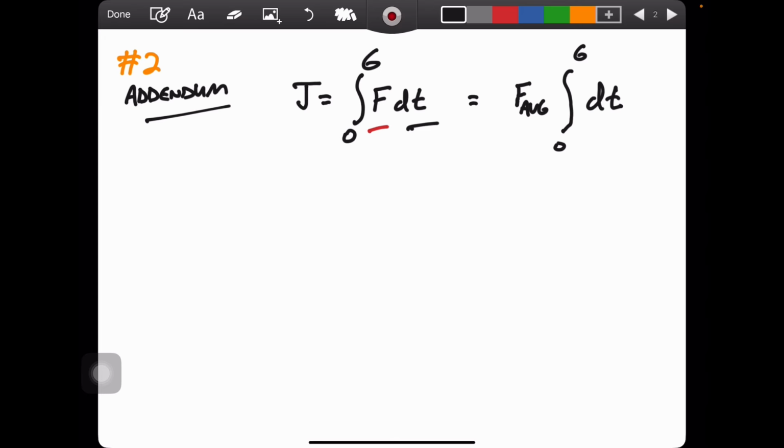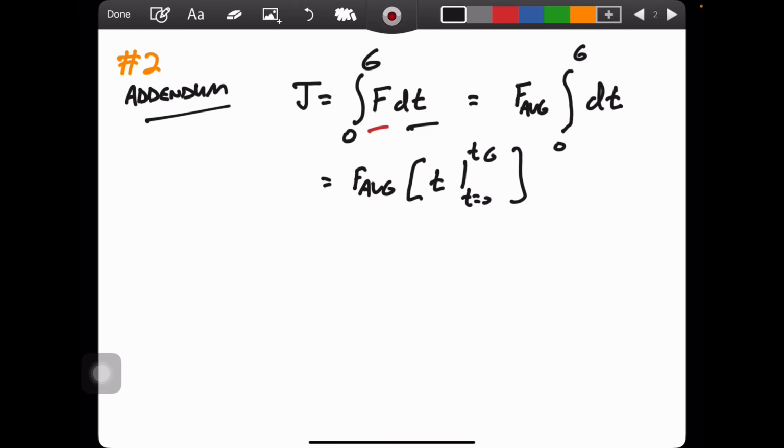So now continuing with our integral, f average again is a constant, and now when we integrate dt, that's simply going to be equal to time, and we are going to evaluate that time from t equals 0 to t equals 6.